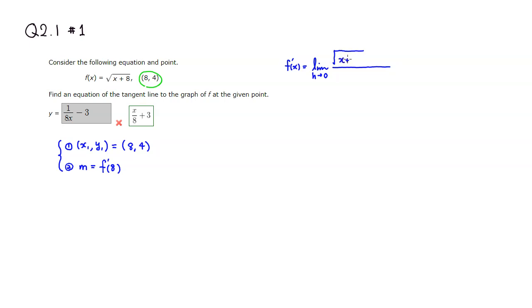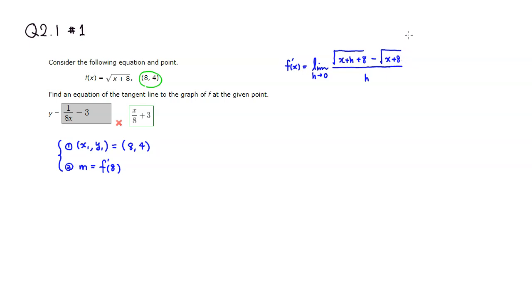So we put x plus h, then plus 8, minus f of x, which is just the original function. So we just copy that, square root of x plus 8, and then all over h.